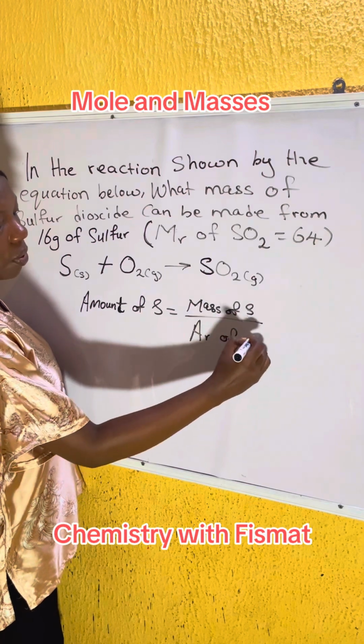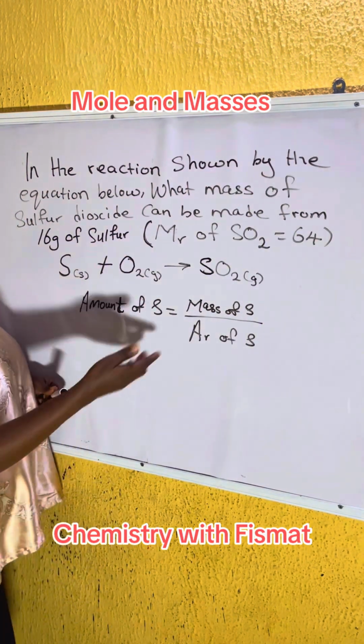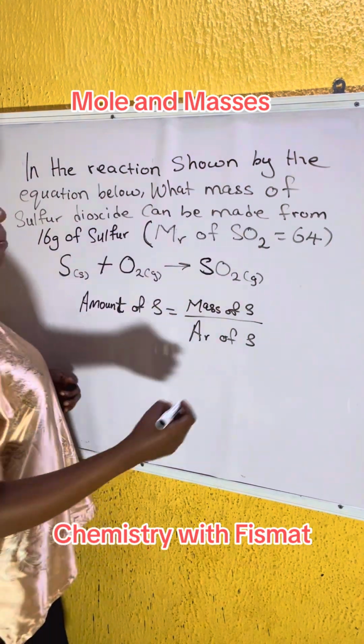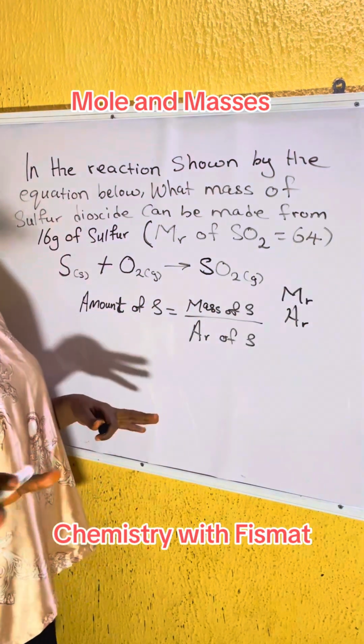This is an atom, so we use the relative atomic mass, but when it involves a compound, you use the relative formula mass. So you have Mr and Ar. They are two different things.